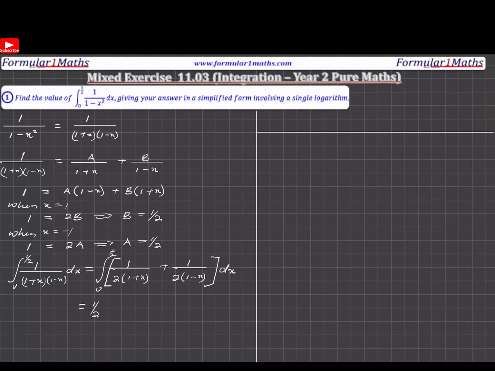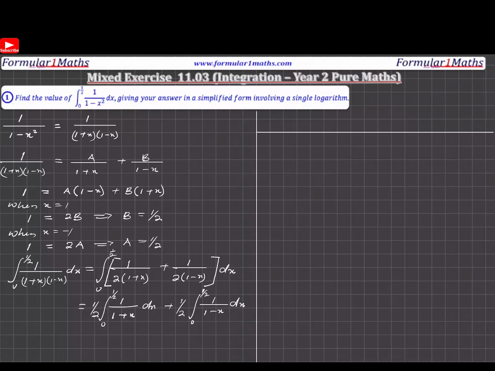Half integral of 1 over 1 plus x dx from 0 to half plus half integral of 1 over 1 minus x dx from 0 to half.